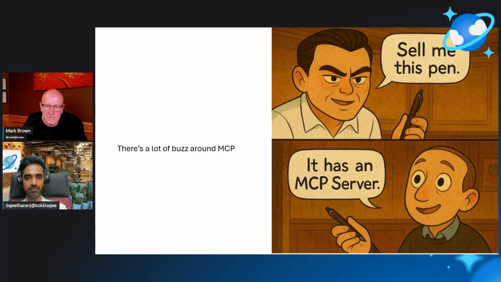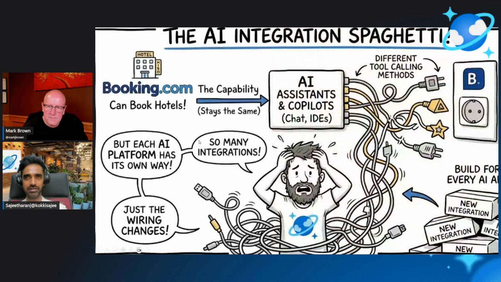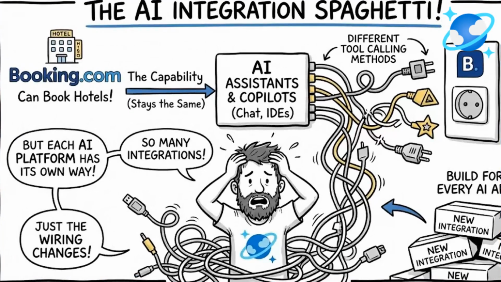If you want to see what exact problem MCP solves, this is an analogy that I want to put. We have come across many websites, and as developers, we tend to build new things, right? Take the example of booking.com, which can book hotels. That part doesn't change, but everything around it does. As soon as AI assistants like copilots enter the picture, suddenly the same capability needs to be wired up again and again by the developer.